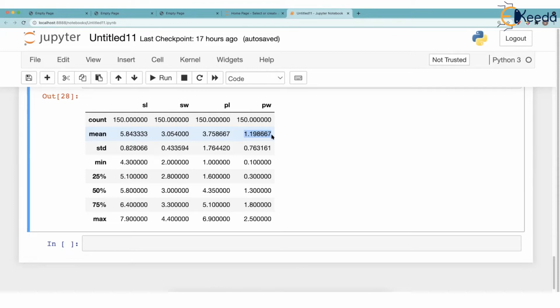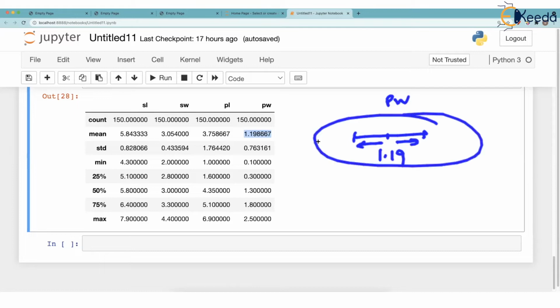That means there are some petal widths with a value greater than 1.19 and some with a value less than 1.19. The central value is 1.19. So petal width overall will have a very small value compared to the remaining columns.